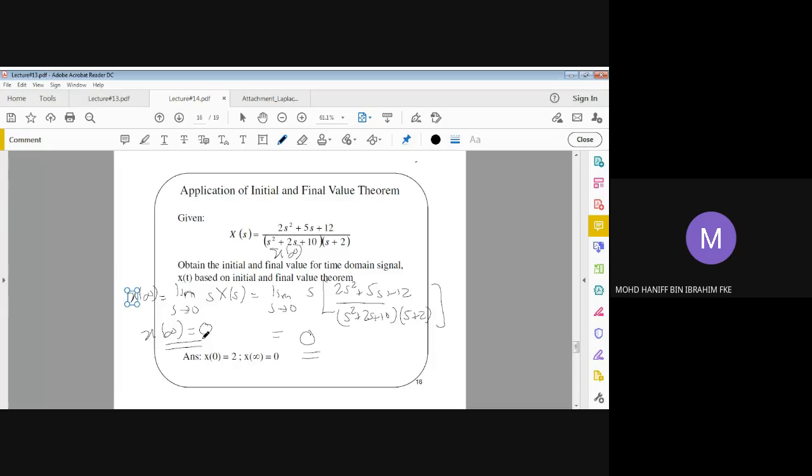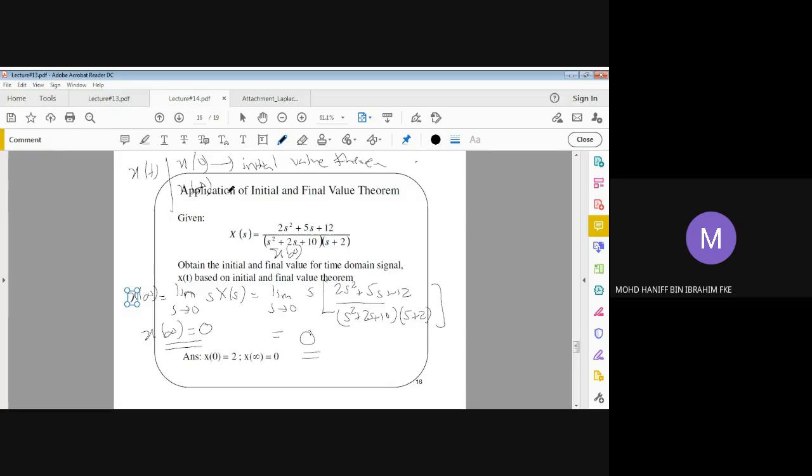So I can see that this is a shortcut method to find the initial value, or to find the xt for the case of x0 and x infinite. For the x0, you can use the initial value theorem.